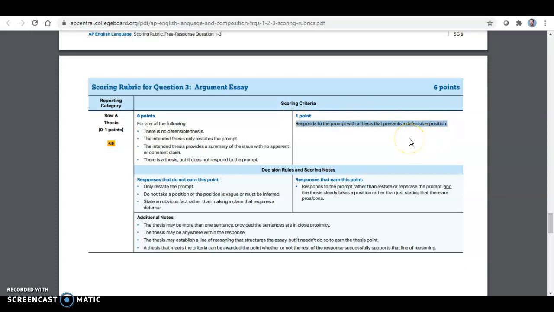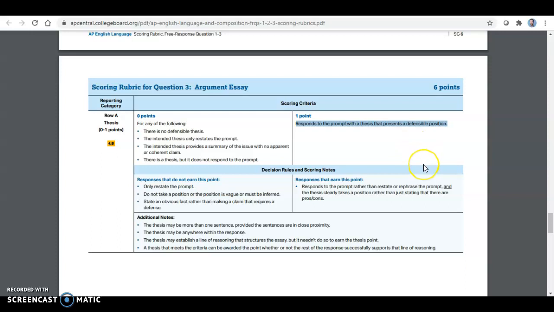Okay, you are presenting a thesis that can be argued. You're not just restating the prompt. You're not stating something general or obvious. Again, if the claim was about extending school time, the argumentative prompt would be yes, school time should be extended, or no, school time should not be extended, because you could argue either way.